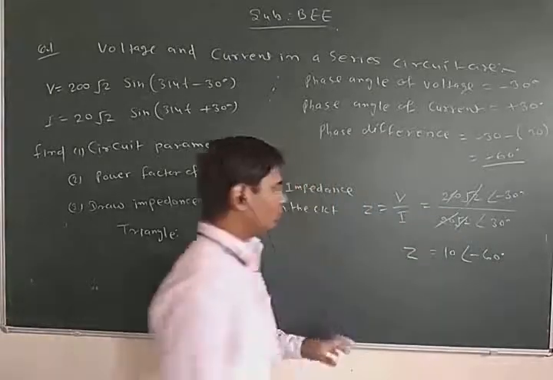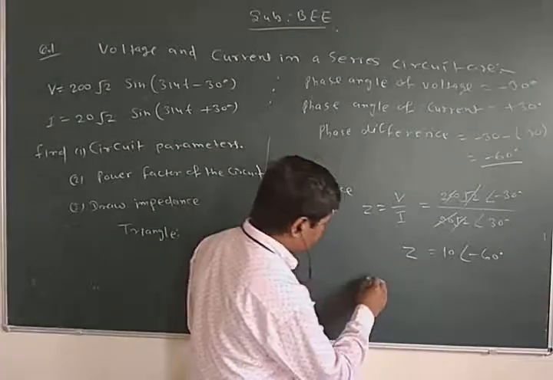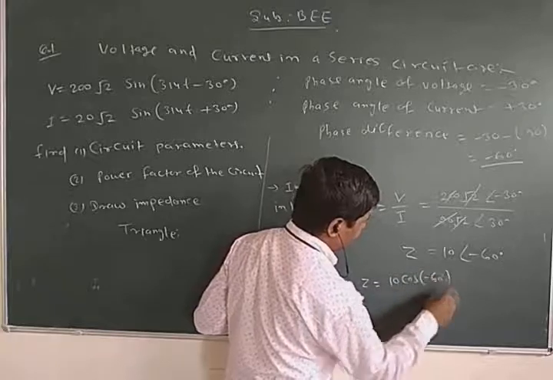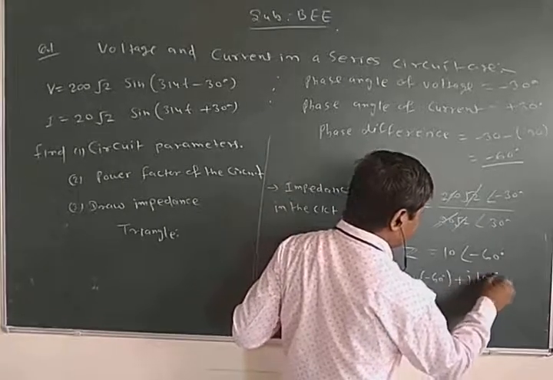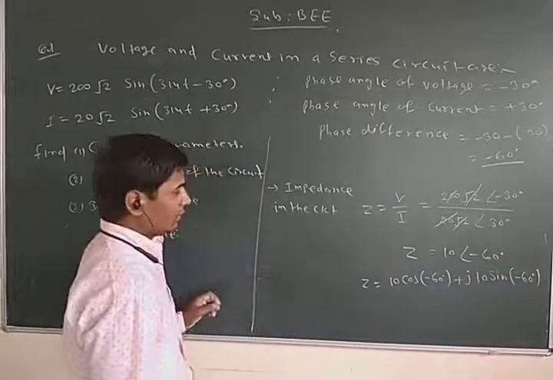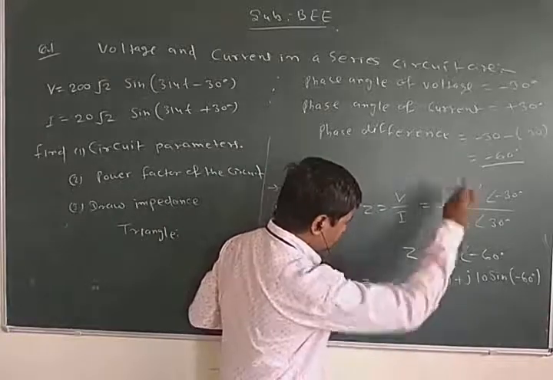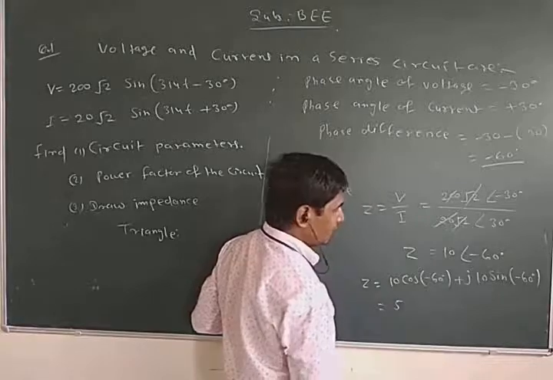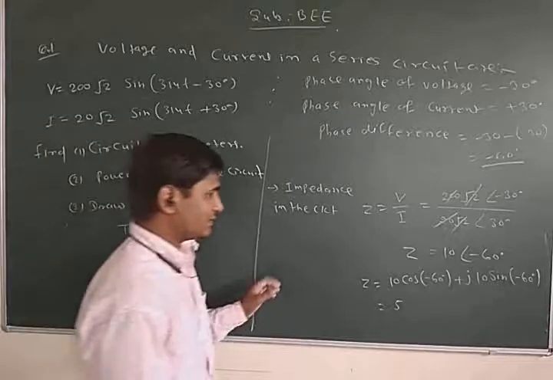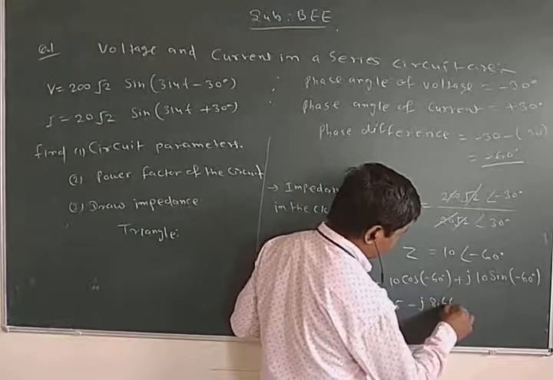So Z is equal to 10 by angle minus 60 degree. Now we can write Z is equal to 10 cos minus 60 plus j 10 sin minus 60. Cos minus 60 is equal to 1 by 2, so it is 5. And sin minus 60 is equal to minus 0.866. So it becomes minus j 8.66 ohm.